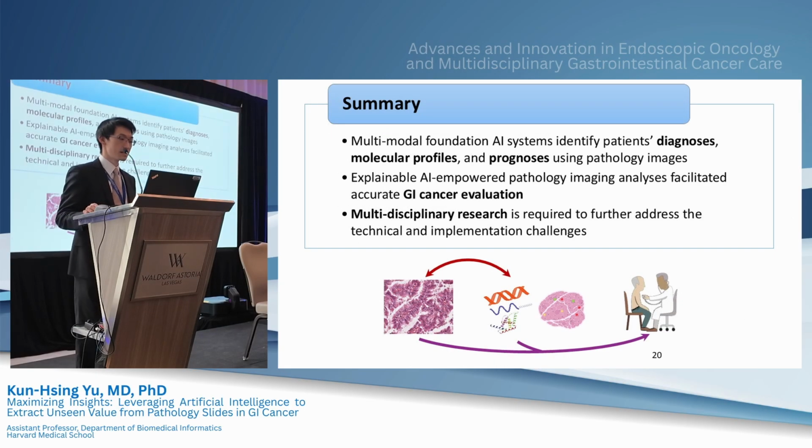In summary, here we have discussed this multi-modal foundation AI system for pathology diagnosis, molecular profiling prediction, and prognosis with a particular application to GI cancers. However, multidisciplinary research is still required to further address the technical and implementation challenges.